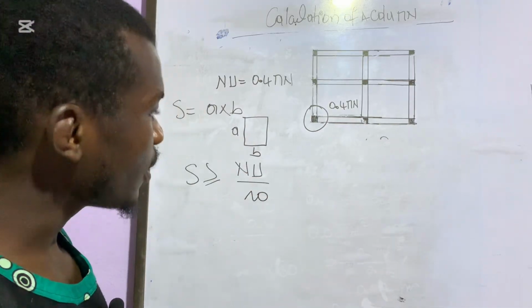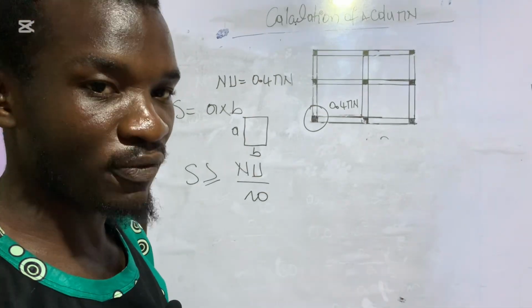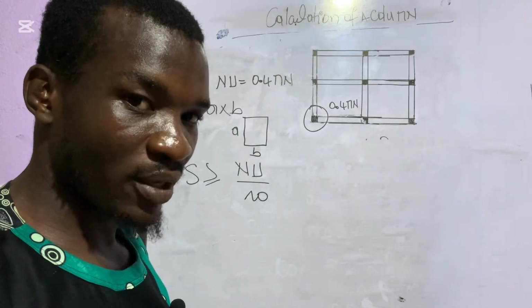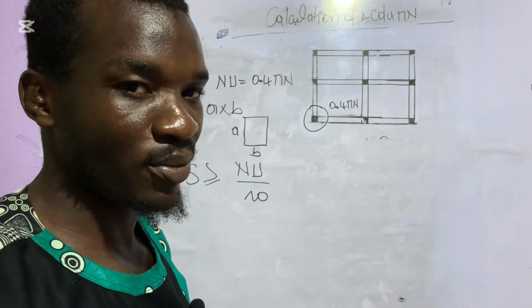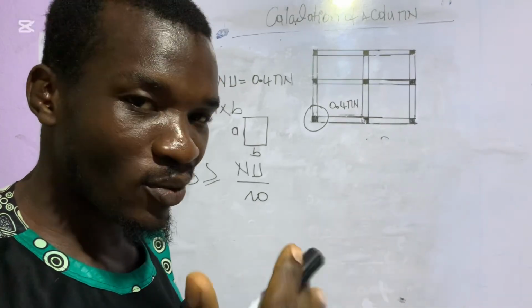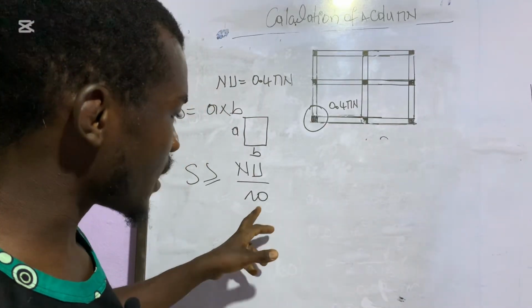The ultimate load includes the self load of the column. Don't forget it, since it's that column that we are trying to pre-dimension. You will learn it in the load distribution video.